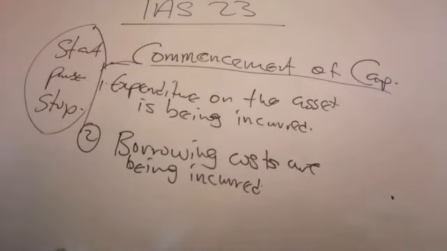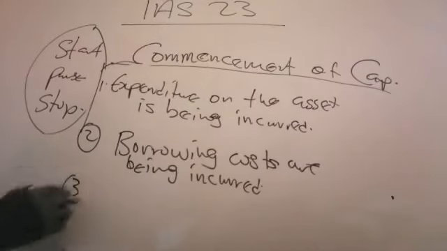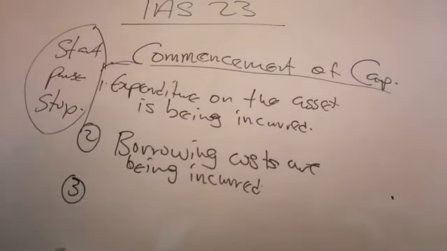Good. That is the second condition. Now the third condition: activities are in progress that are necessary to prepare the asset for its intended use or intended sale. So active work is in progress.